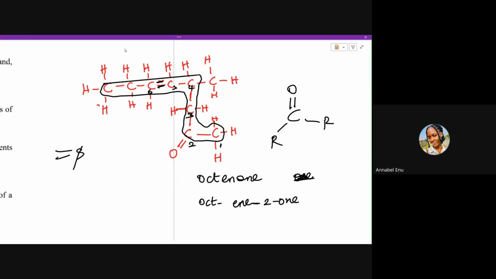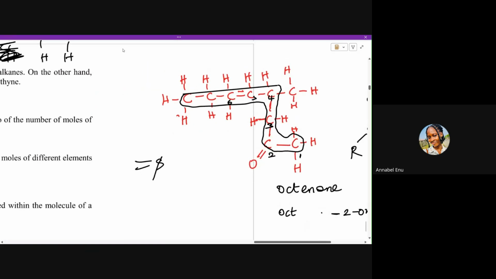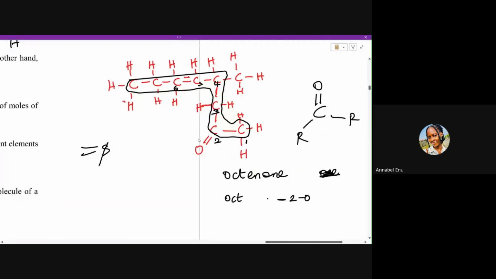Okay, let me remove all these many write-ups. The double bond, we are counting from this place. What position is this double bond? Number 5.